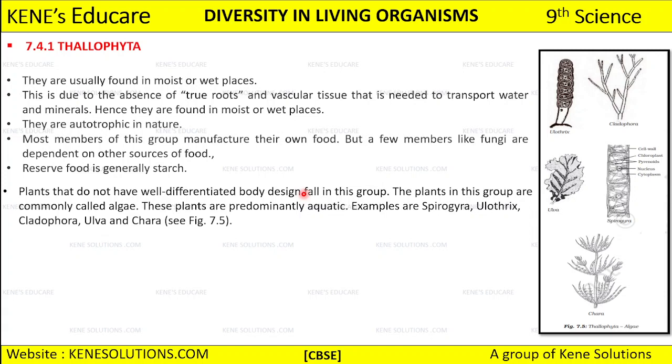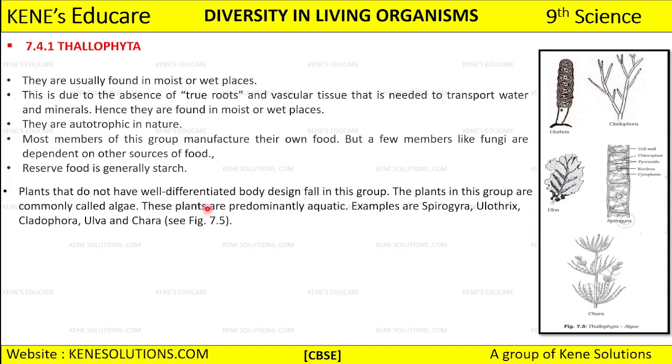Okay, so the plants in this group are commonly called algae, because algae is one thing that we find only grows in moist and wet places, right? And they are autotrophic in nature, not dependent on others for their food, they manufacture their own food. So most of the plants that come under this Thallophyta division are called algae.